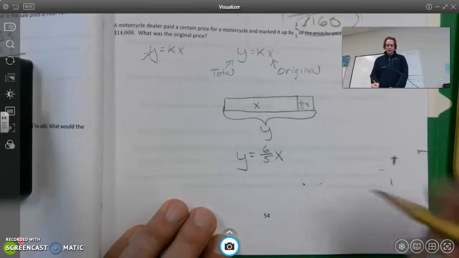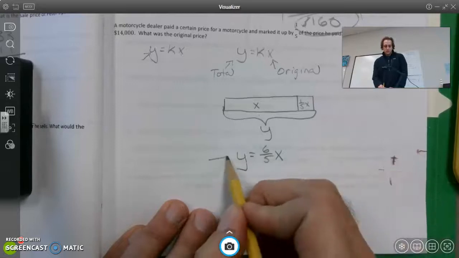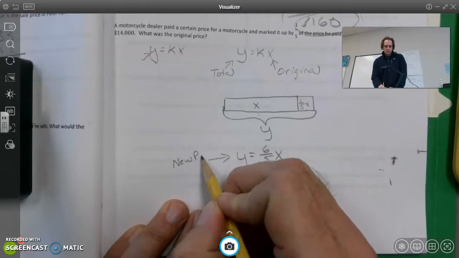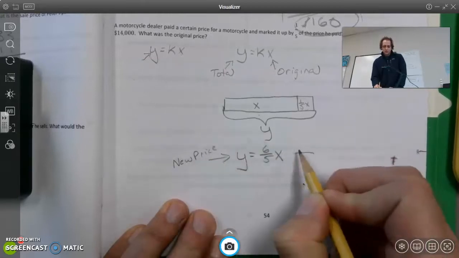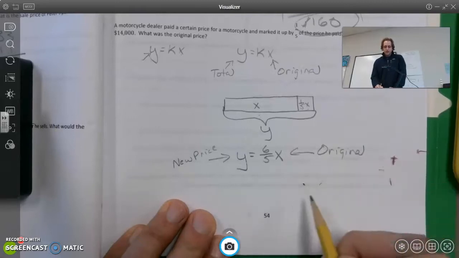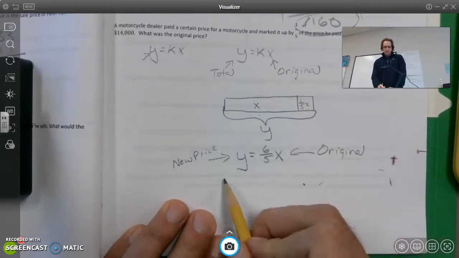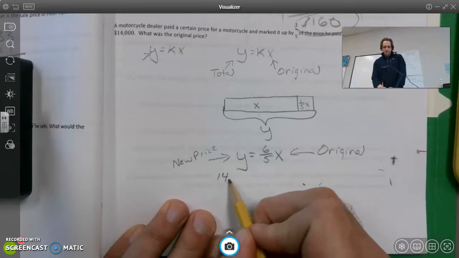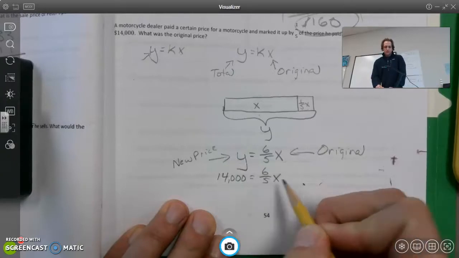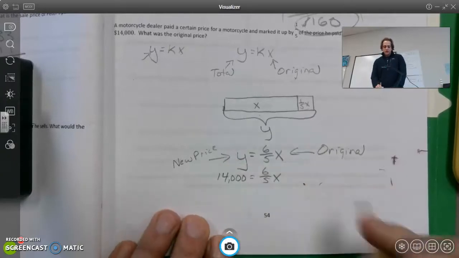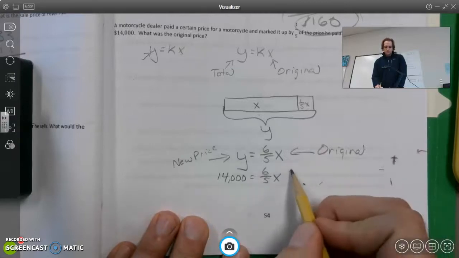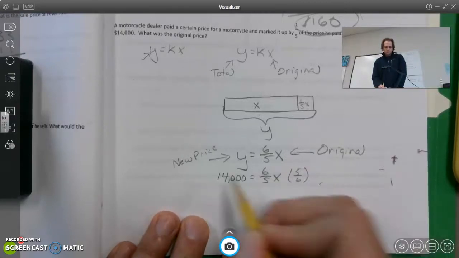So our goal this time is now we're looking at the relationship between the new price and the original price. Okay, what did he originally pay for it? And it says that the new price that he sells it for is $14,000, and that's after a 1/5 markup. So this is going to be 6/5 of X. I'm going to divide both sides by 6/5 or multiply by the reciprocal of 5/6.